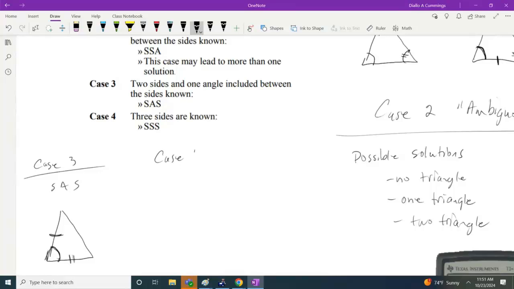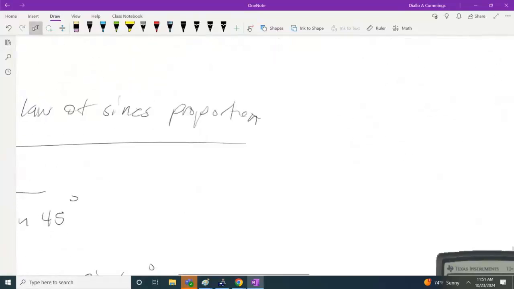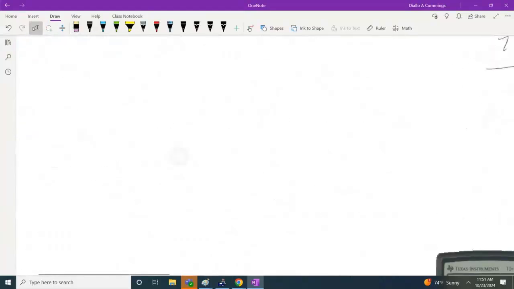And then case number 4 is side side side. If you're given 3 side lengths, we're going to talk about the law of cosines in the next class, but you can use the law of cosines to solve. All right, and then there is one more.